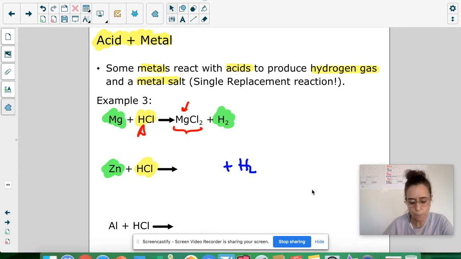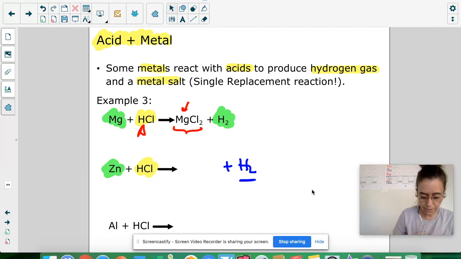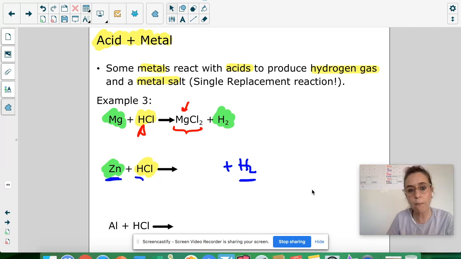Well, check this out. If the acid loses the proton, that eventually is going to be here like the H2, okay? So the metal salt is going to be the product of combining the metal plus whatever is remaining from the acid when it loses the proton.